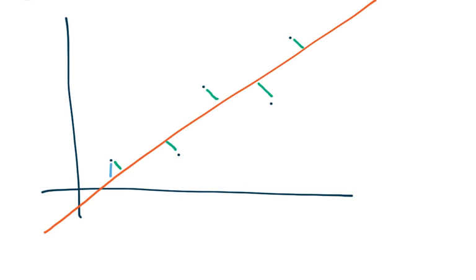Whereas when we minimize these blue hypotenuses, I don't know what the right way to pluralize that is. I guess it's hypotenuses. In minimizing these blue hypotenuses, are we actually getting the line that's closest to the data set in some sense?